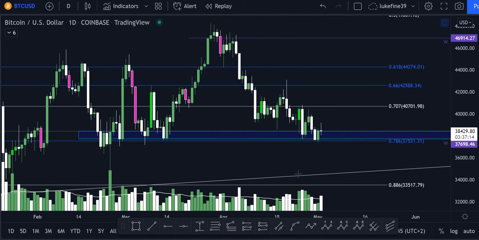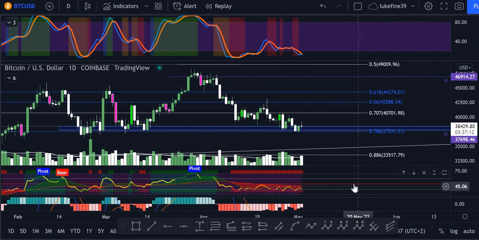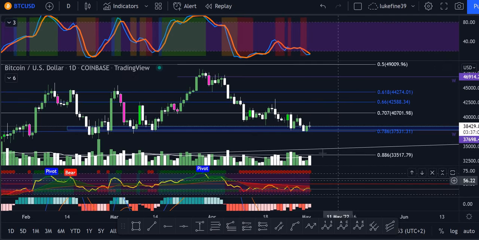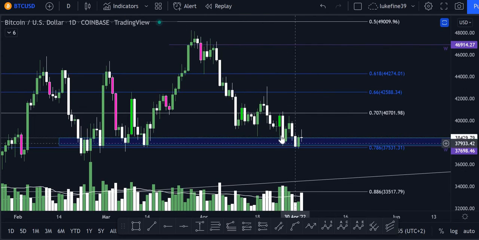Bounce, come down. So let's check the RSI. RSI has a higher low, so that's a bullish divergence. We have a higher low on RSI and a lower low at support. But yesterday's volume gave some possibility, while today's volume is already rejecting.